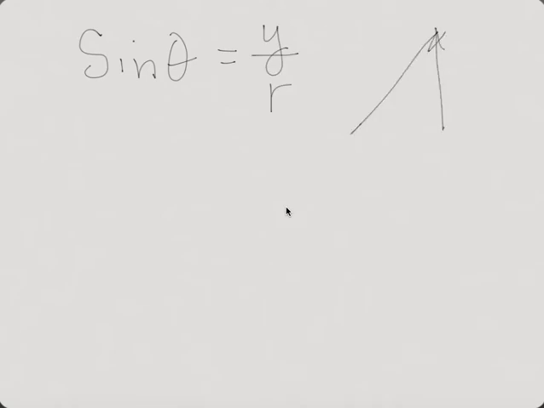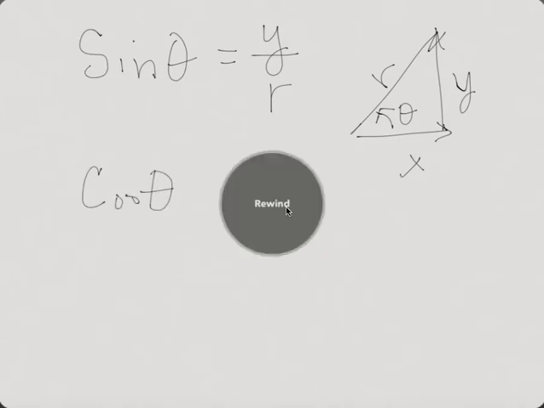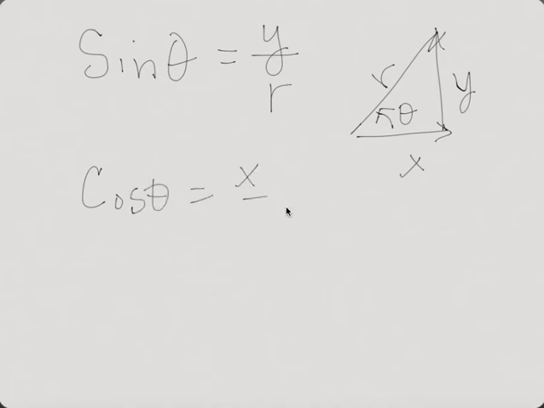So this is y, this is x, and this is our angle, theta, and this is r. And then the cosine function is x over r, and the tangent function, tangent of theta, is going to be y over r. So these are the three functions that we are going to plot, okay?